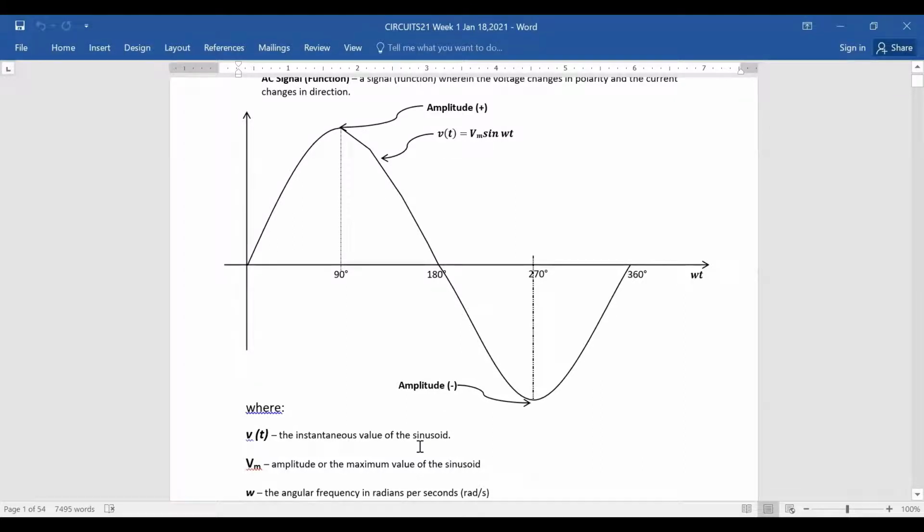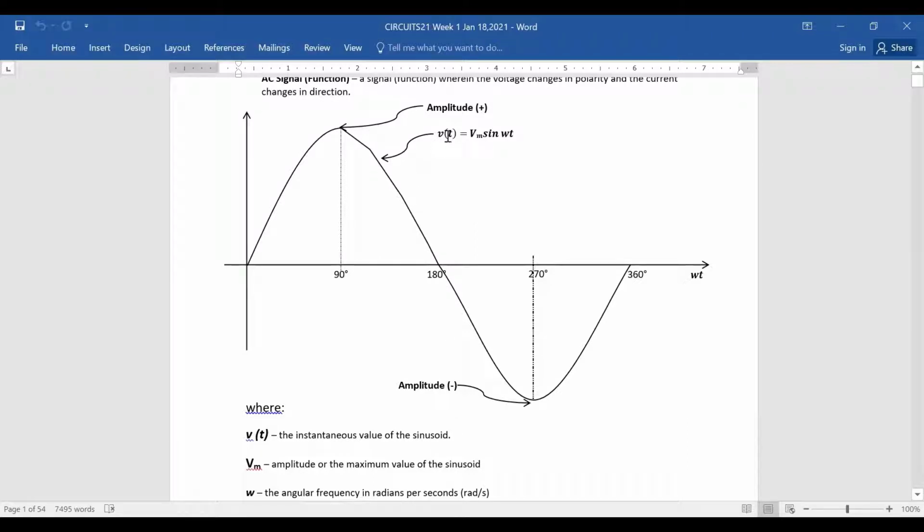Otherwise, if it's the other one, say the current, then the sinusoid there is small i of t, the instantaneous value of our sinusoidal current.